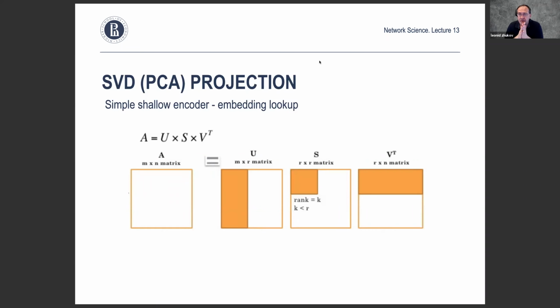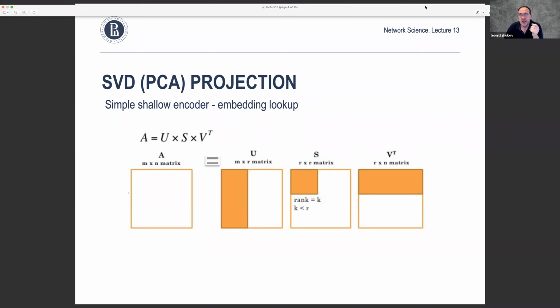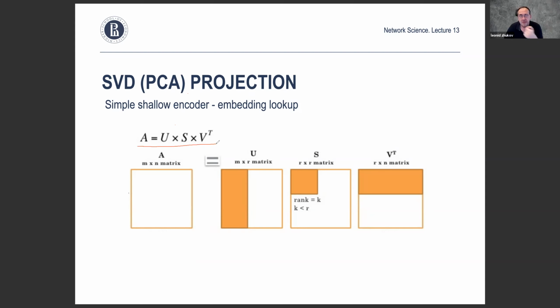So the simplest projection that you can think of, and the one that, in fact, you probably considered previously, is by using singular value decomposition, or sometimes also principal component analysis projection. The idea is that we can take the matrix and factor it out, right?